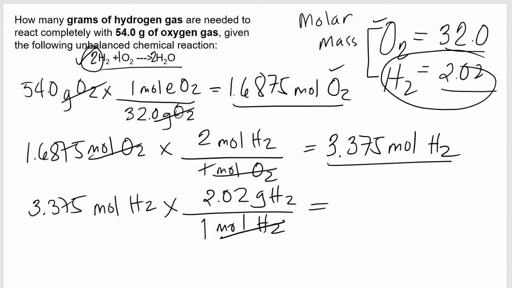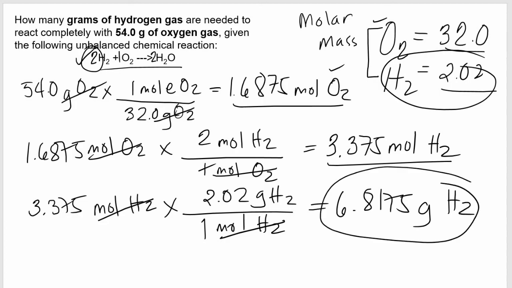So, cancel natin yung mole H2. We will have 3.375 times 2.02 is equivalent to 6.8175 grams of H2. Okay?